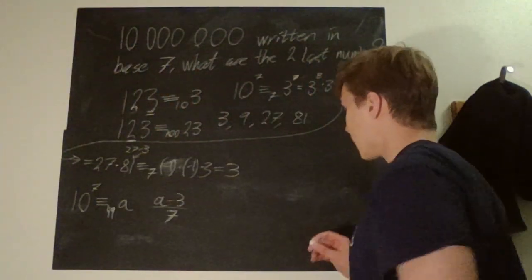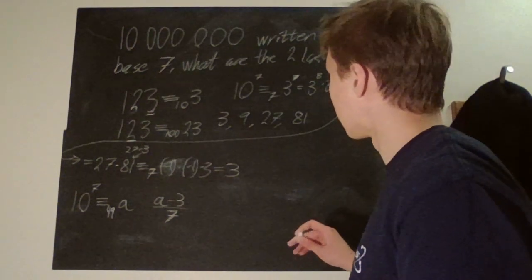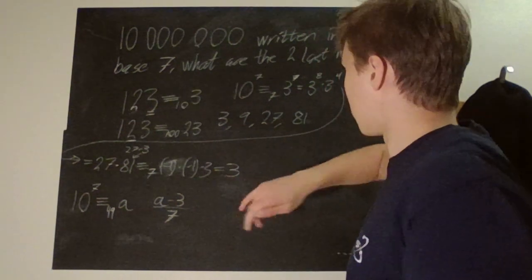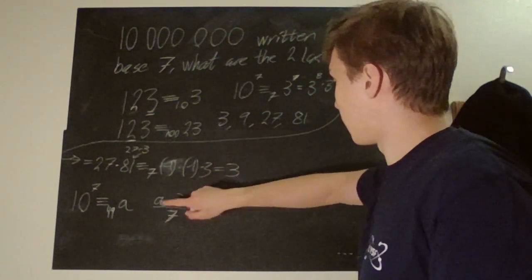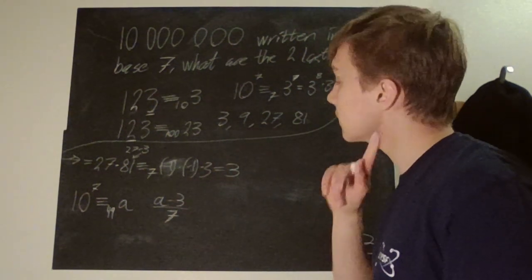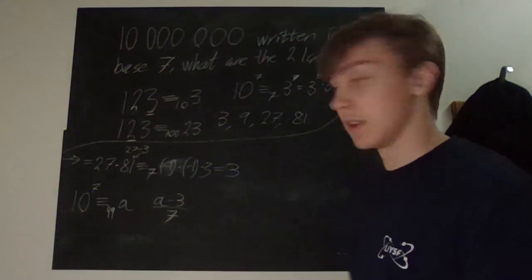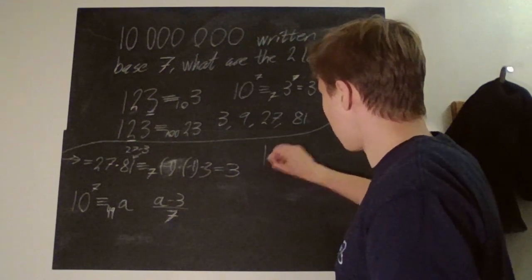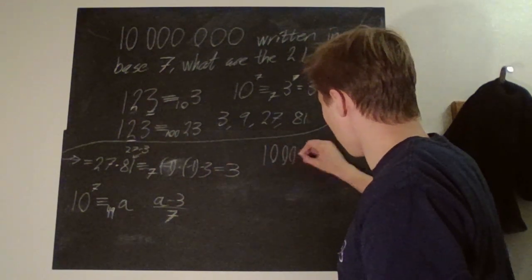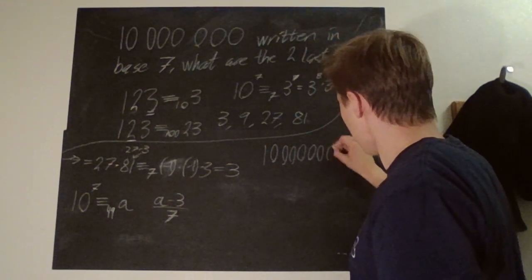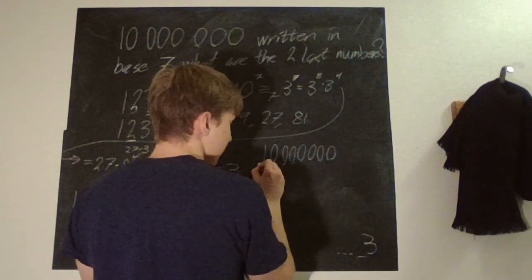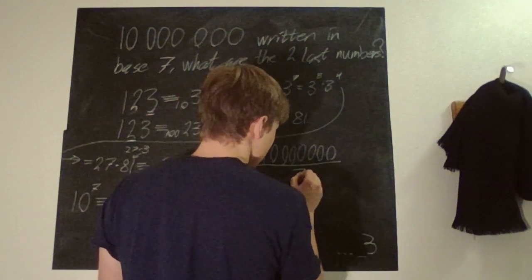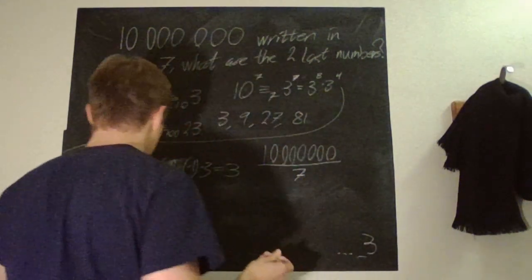Well, we can do a bit of division. We knew that 10 million modulus 7 was equal to 3. That means it's some integer times 7 plus 3. So I can find out what 10 million divided by 7 is.